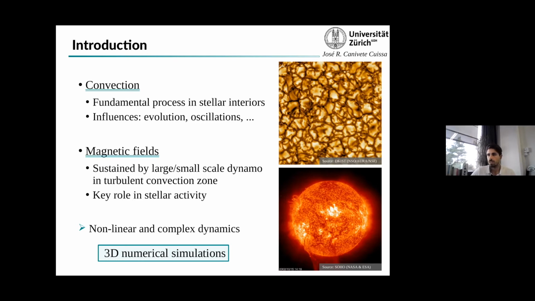So again, for the sun, we know that the magnetic fields are very important for flares, for mass ejections, and also for the solar wind. Of course, convection and magnetoconvection in general is a very complex topic, characterized by highly nonlinear dynamics. So therefore, we are really forced to go to numerical simulations.